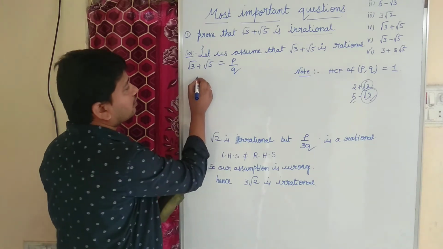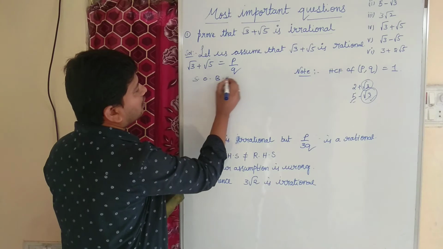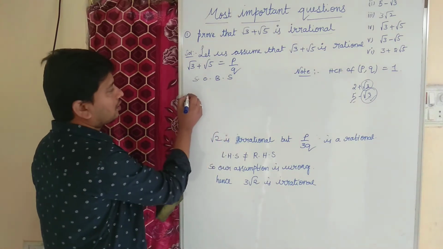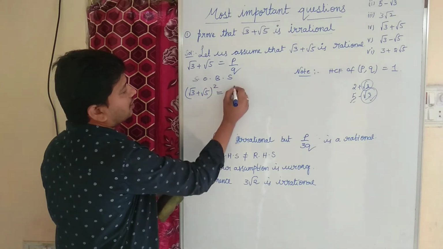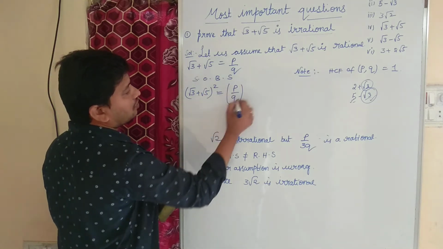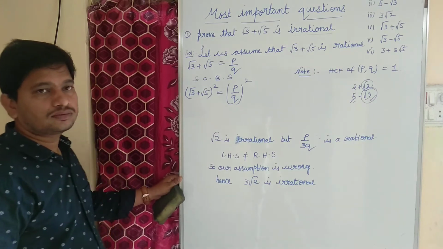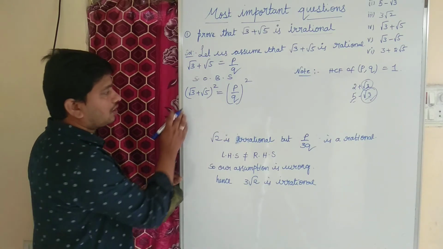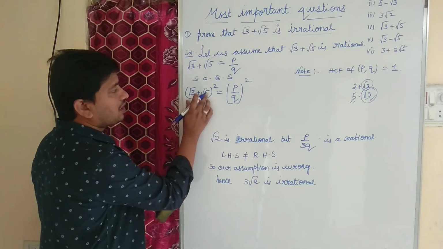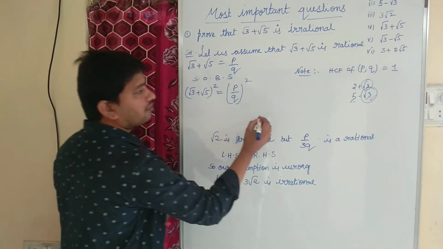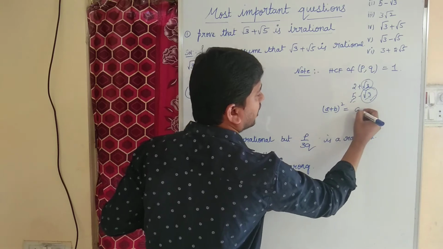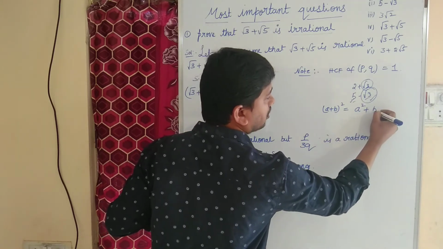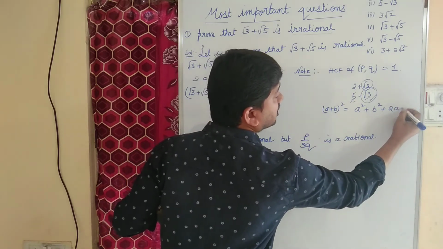So what to do, children? We have to do squaring on both sides. I mean (root 3 plus root 5) whole square equals (p/q) whole square. Now this is in the form of (a plus b) whole square. Children, what is the formula of (a plus b) whole square? a square plus b square plus 2ab.